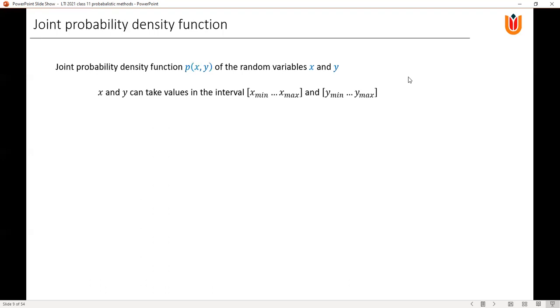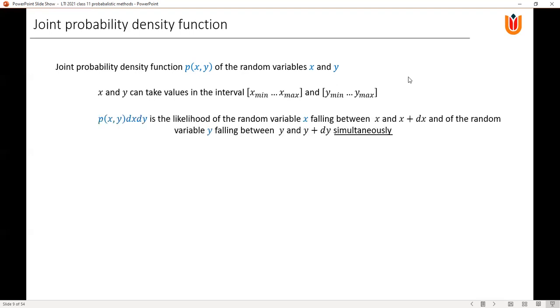We can also have simultaneously two different random variables. So let's say we have two random variables x and y. x can take values between the interval x minus to x max, and y can take values from y minus to y max.